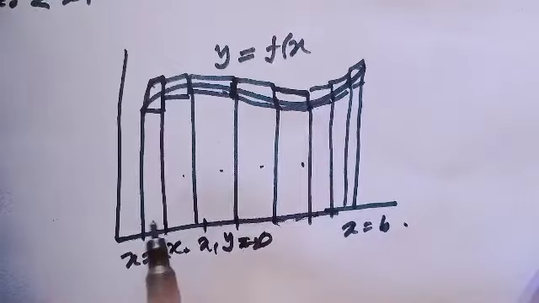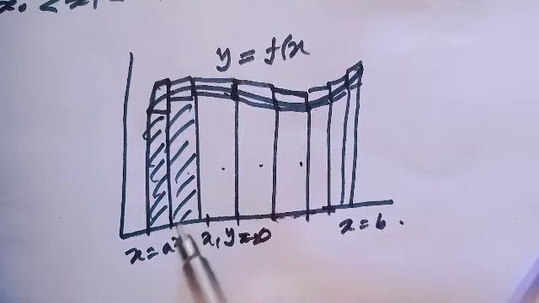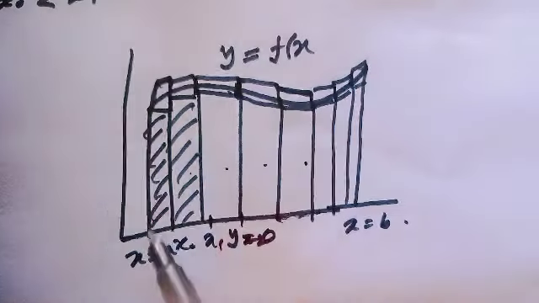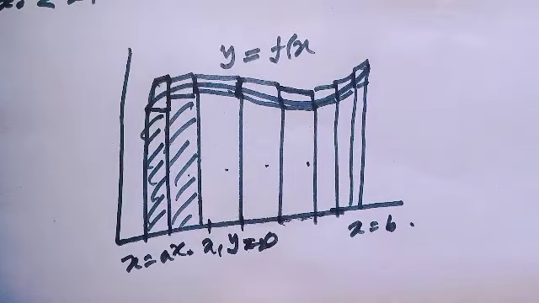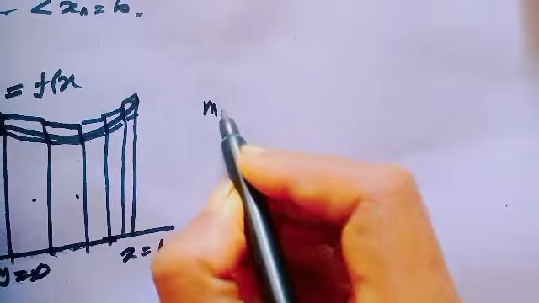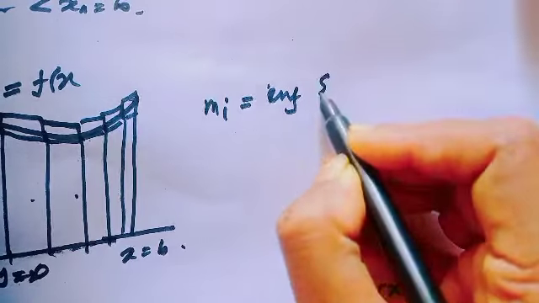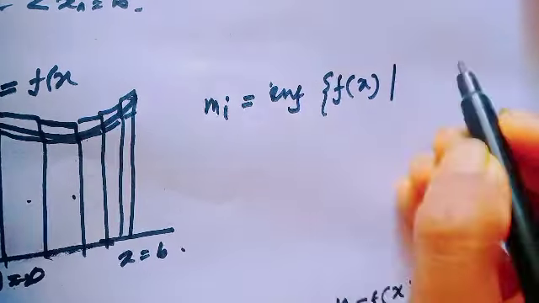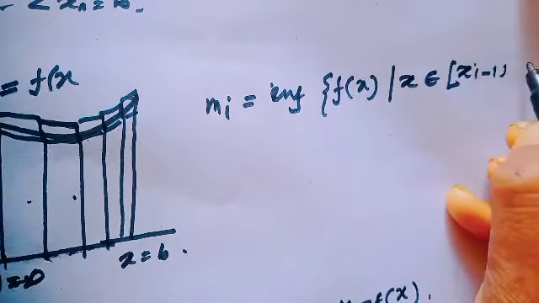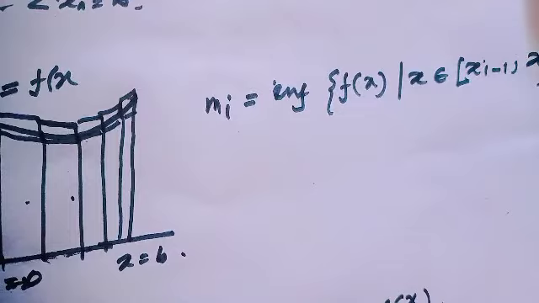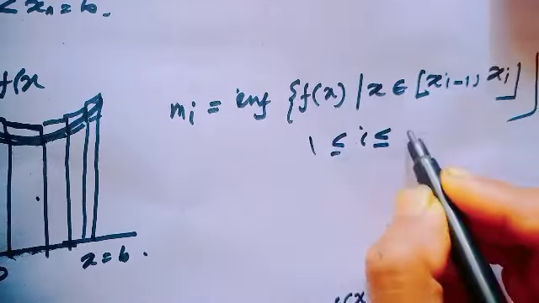Okay. If you notice this rectangle, here the width is just the subinterval, and the height is the minimum value of the function. So define small mi, which is equal to the infimum of f(x) where x belongs to the subinterval [xi minus 1, xi], where i goes from 1 to n.